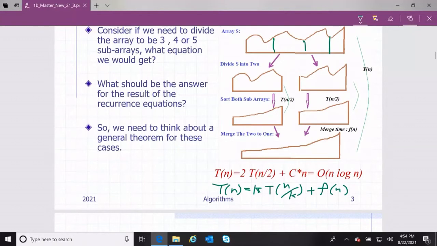So that's the reason we want to have something called the Master Theorem that can give us the answer for the general divide and conquer problem. Okay. So merge sort is a typical divide and conquer example.